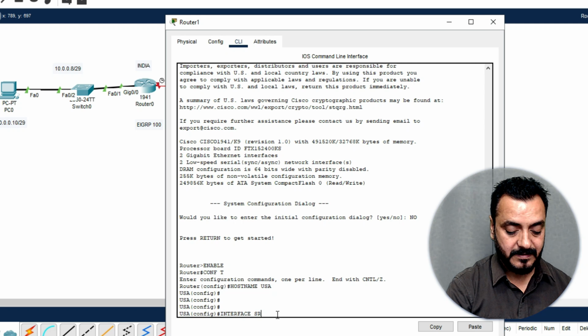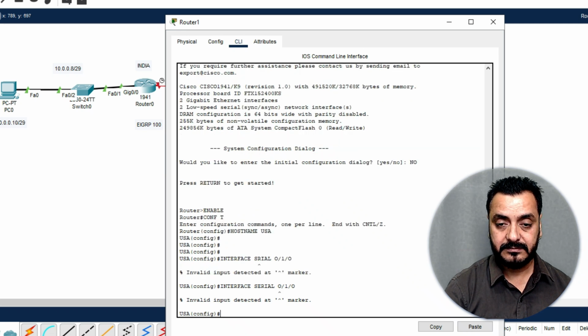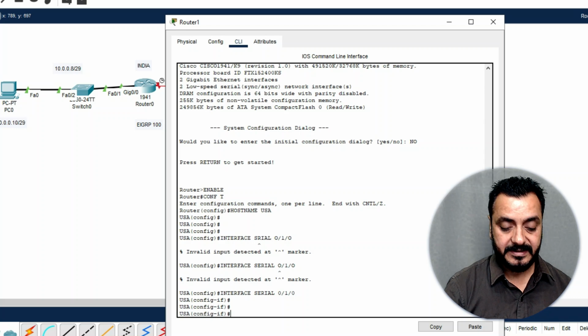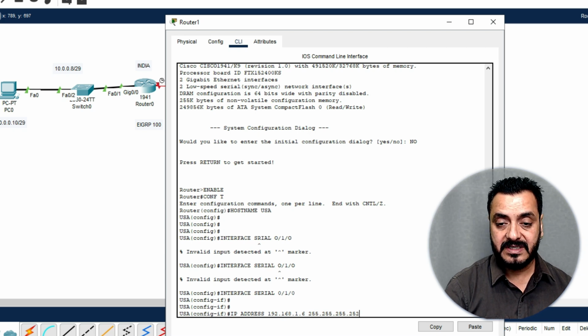Now again, we have to configure the IP addresses to each interface of this router. So the first interface we have is interface serial 0/1/0. Now we have to assign the IP address with the help of the address command, and that is 192.168.1.6, the second IP of the subnet, because .5 we have used on our first router, that is the India router, and this second router, that is the USA router, its IP address is .6, and its subnet mask is 255.255.255.252, /30.